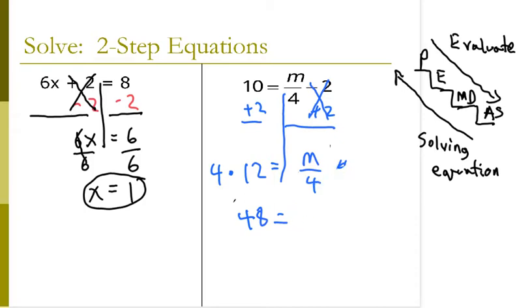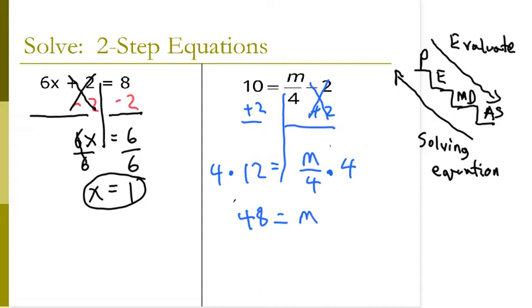But let's see if there's something else that we could have done. So let me rewrite what I just erased. So multiply it by 4 here, and we got m was 48.